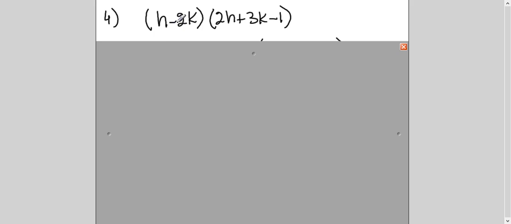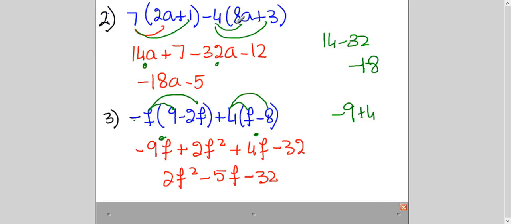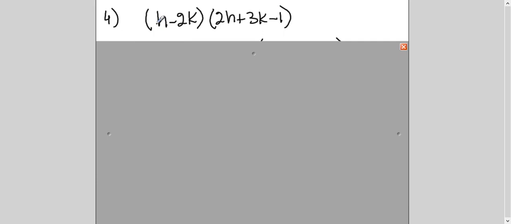Let's see this one. Now the difference is that the second bracket has 3 terms. So exactly the same procedure. I will multiply this h by all 3 terms, and then minus 2k multiplied by all 3 terms, right?